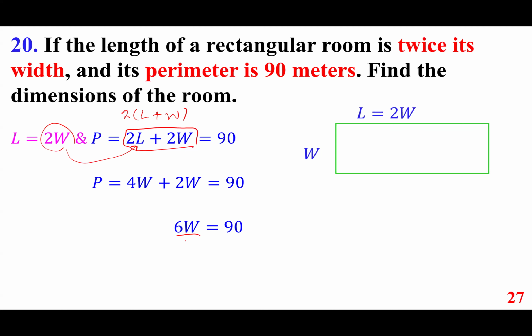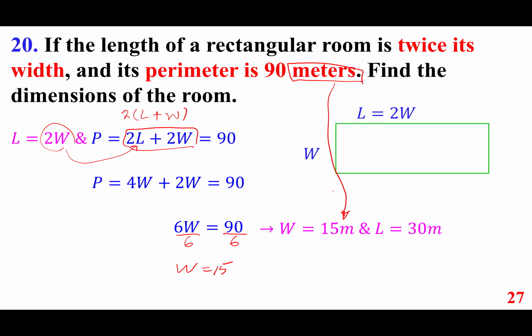If we divide by 6, W becomes 15, and the length is 2 times that, 30, and you always use the proper units. The width must be 15 meters, the length must be 30 meters, and you must check. Here's the easy check. What is 15 plus 30? 45 times 2 is 90, which is the perimeter, and that proves we've come up with the correct answer, everybody.